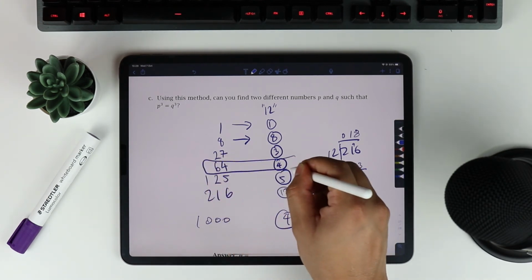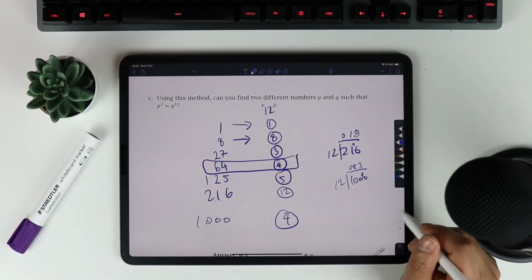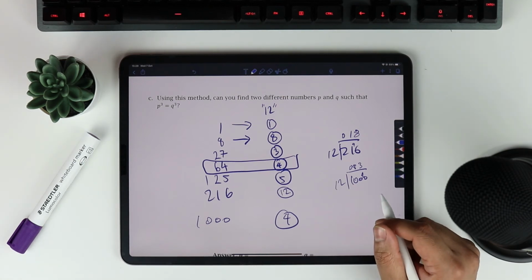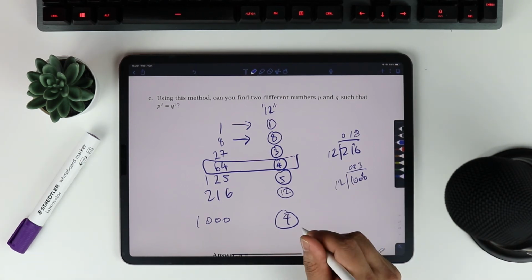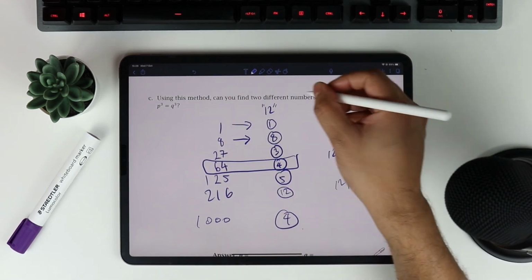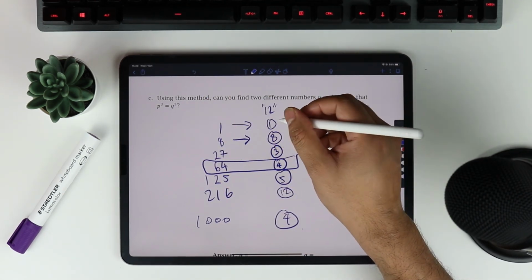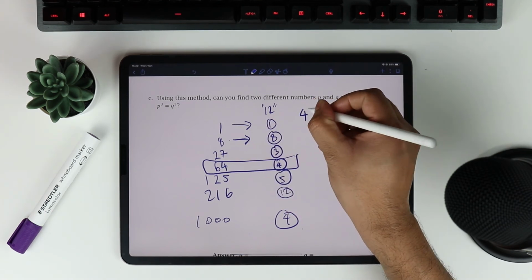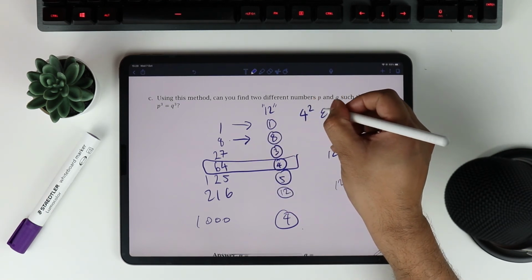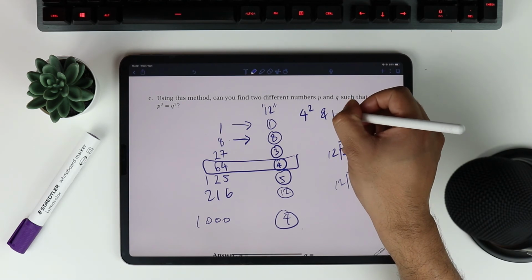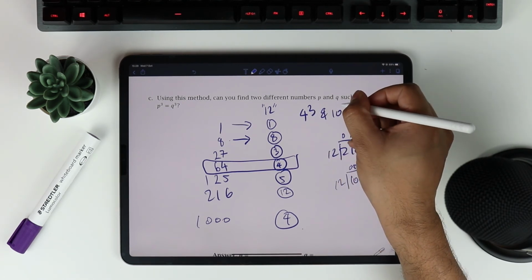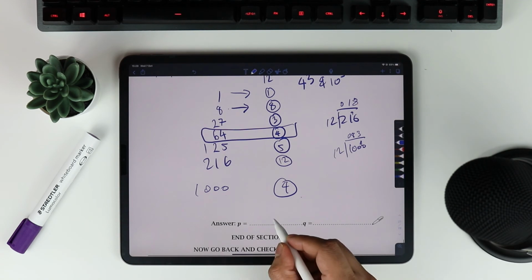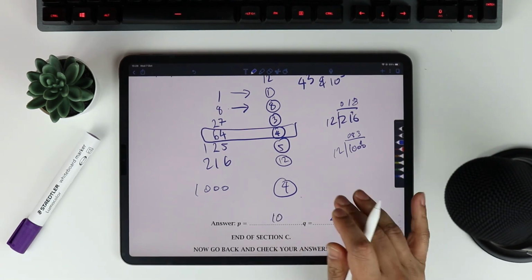So they kind of use that knowledge that you're going to know 10 times 10 times 10. That's going to have 4 at the end. So it's going to be what squared? 4 cubed rather, and 10 cubed. And so P is 10 and 4.